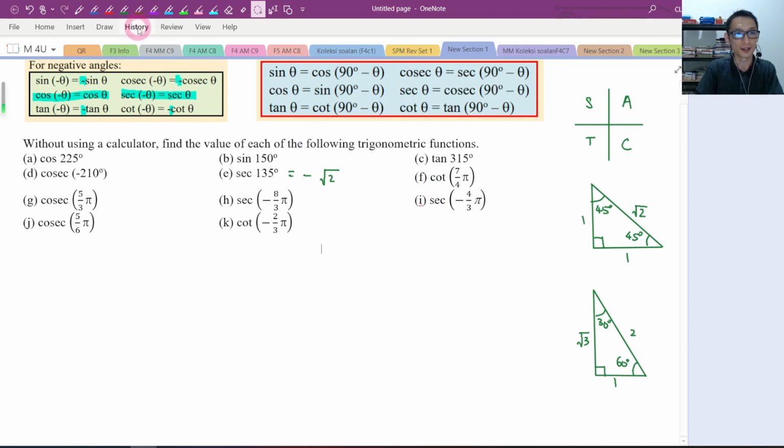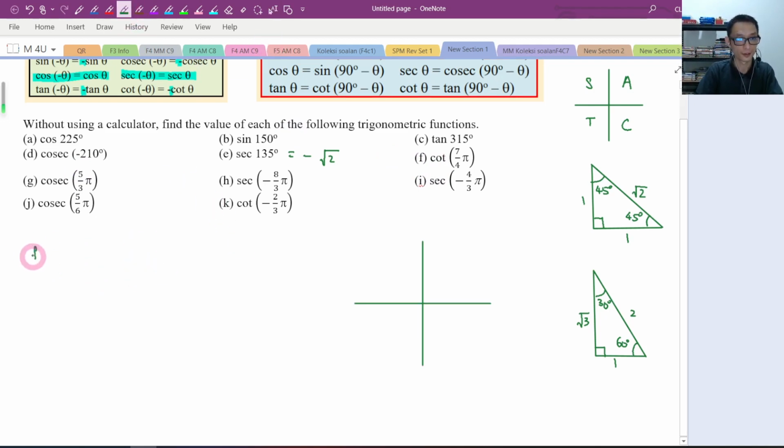Now, let me show you part F, cotangent 7/4 pi. Normally in this situation, if the angle is given in terms of pi, we know that this is radian. The question will not write radian here, but we need to know this is in radian.